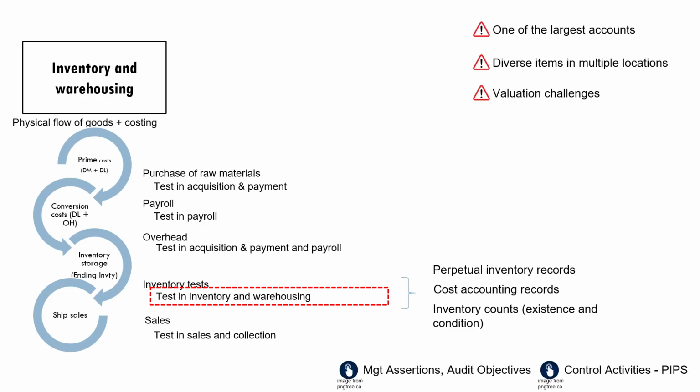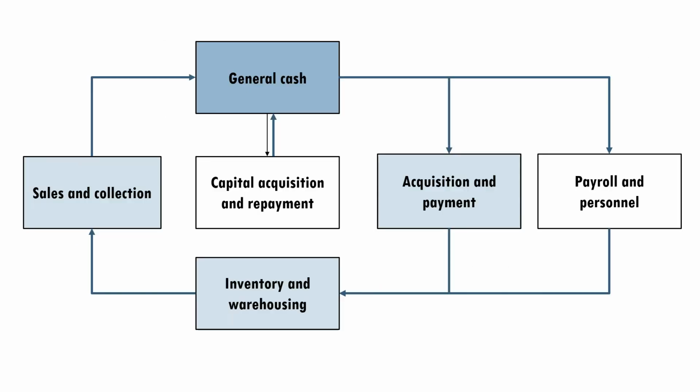So, again, we recall every time we encounter a multiple choice question for this cycle, we always go back to the management assertions and objectives of the auditor, and of course, the control activities relating to PIPs, including segregation of duties. So that's about it for the acquisition and payment cycle, as well as the inventory and warehousing cycle.